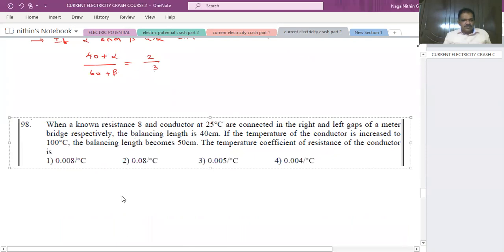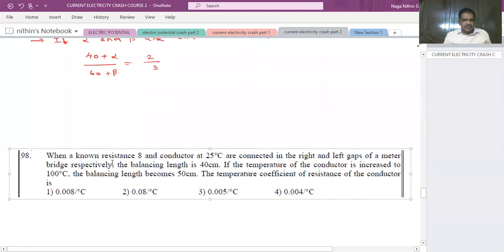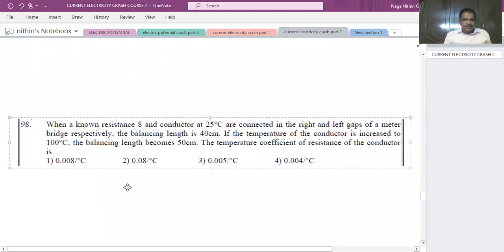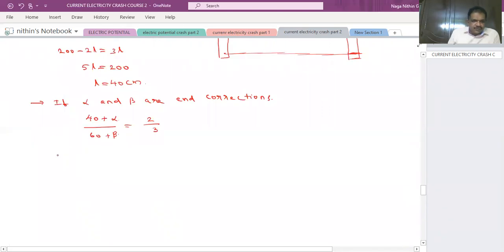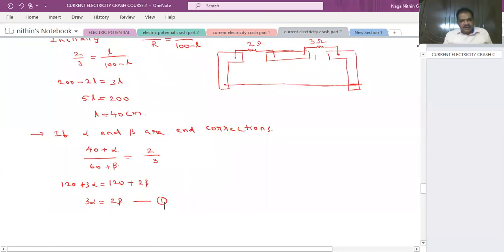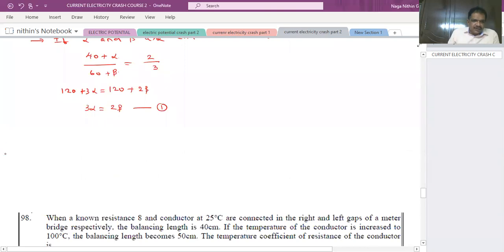So 120 plus 3 alpha is equal to 120 plus 2 beta. 3 alpha is equal to 2 beta. Equation 1. When these are interchanged, new balancing length will be 61 they give after interchanging.